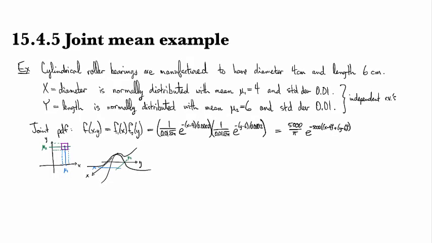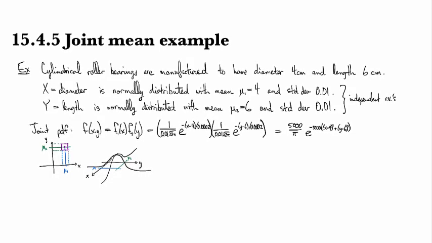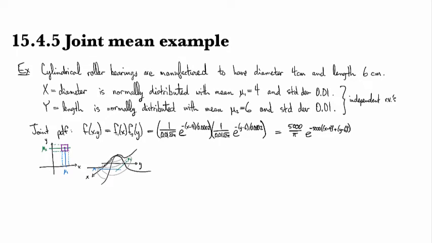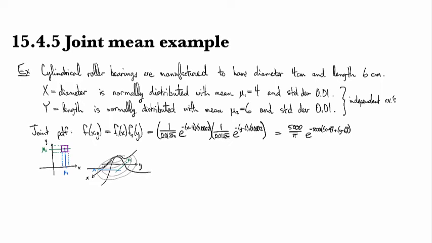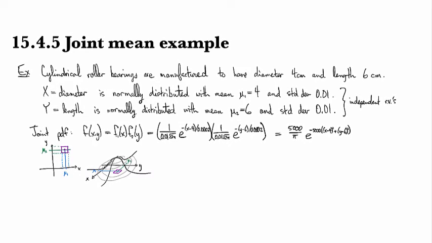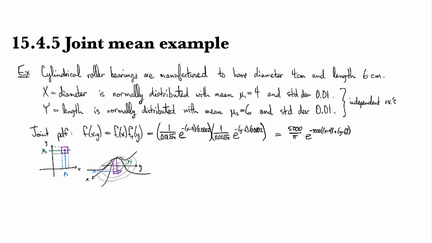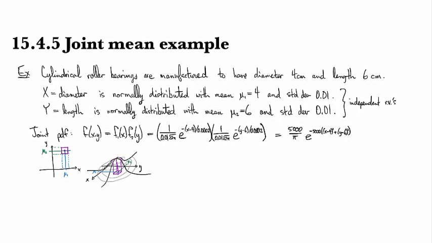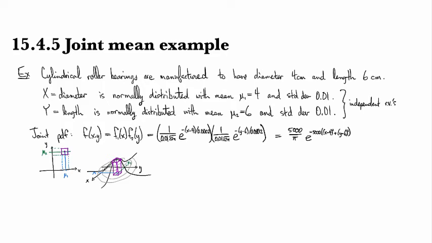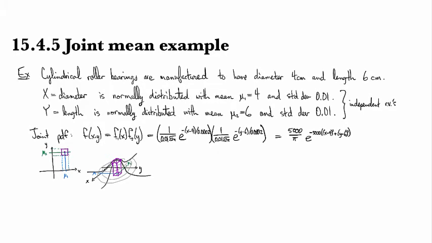And if I were to draw some level curves in here, they'd be, oh wow, that's really bad. Okay, and then I'm looking at what the probability is that we're in some little zone like this, centered around the middle. Okay, that gives you the general idea.